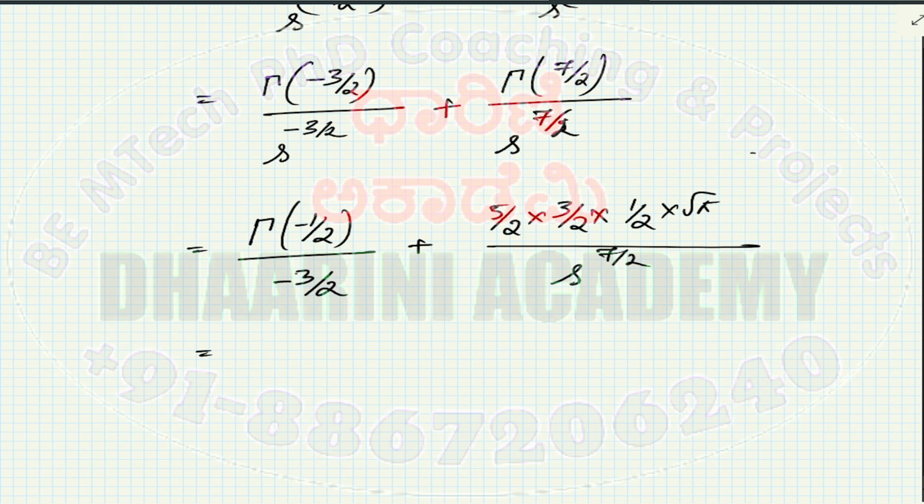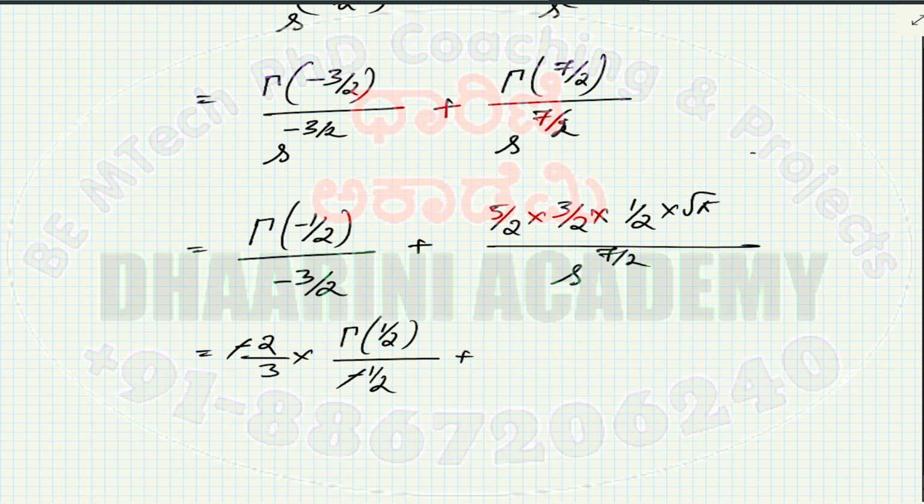Okay, so there is a minus 3 by 2 here, so I'll bring this as minus 2 by 3 into gamma of minus half, which can be substituted as gamma of minus half plus 1, so that is gamma half divided by this term, that is minus half. Okay, so this minus minus will anyway cancel.